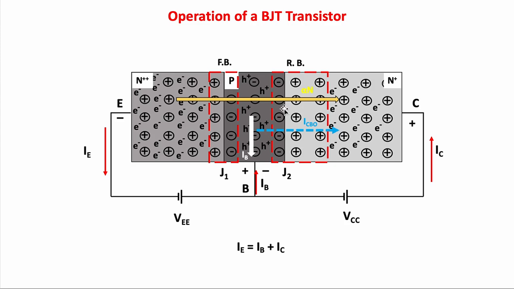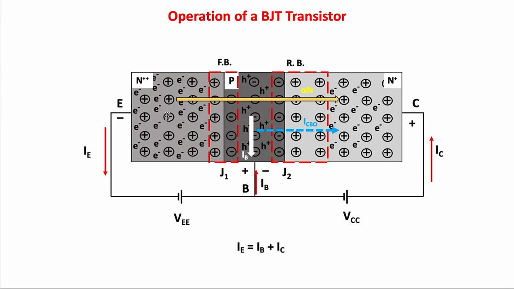This is why current can still flow through the transistor even with one junction reverse biased. Talking about the movements of the electrons, the direction of the current is opposite to the direction of the electrons. The movement of electrons coming to the collector creates the collector current, IC.